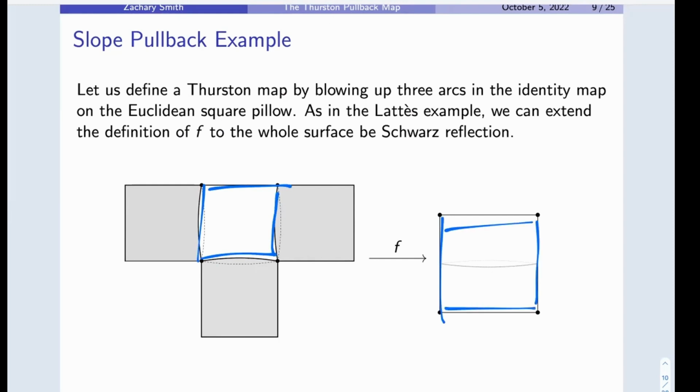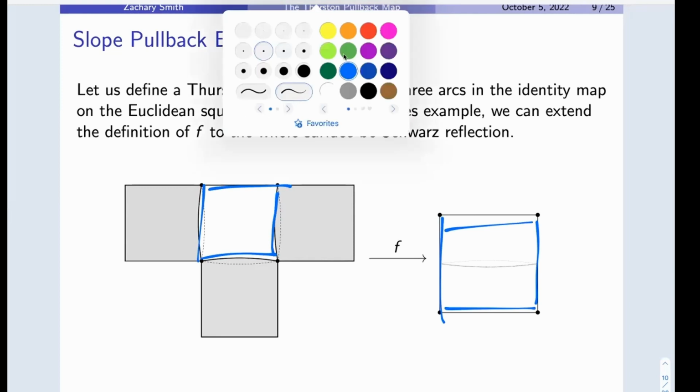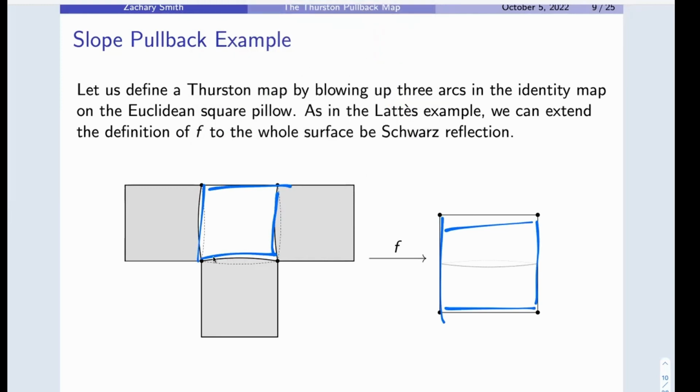But rather than subdividing this pillow, I cut open some arcs. I can cut open an arc on the bottom, on the left, and on the right, and attach to it new squares.